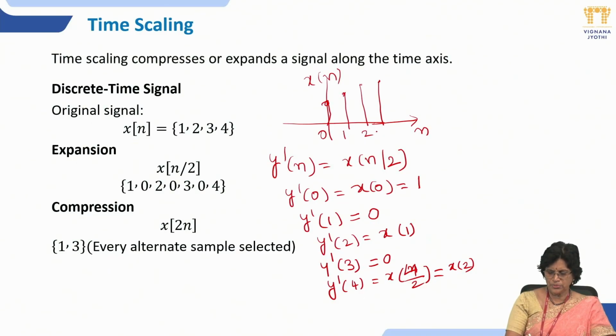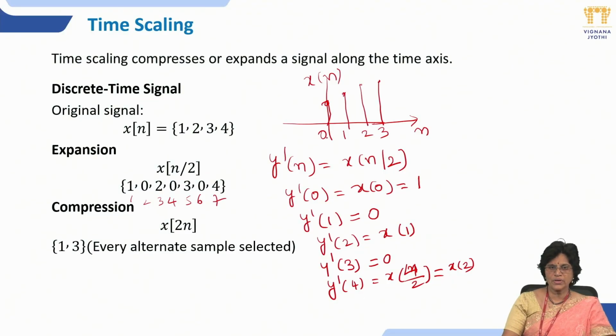Previously I had x of n as 1, 2, 3, 4, and the signal occupied 0 to 3. Now, when I do time scaling, x of n by 2 is coming as 1, 2, 3, 4, 5, 6, 7 samples.